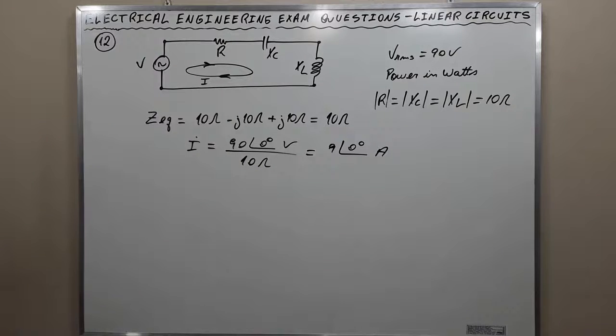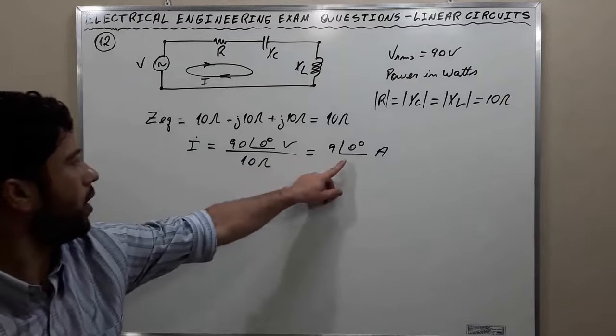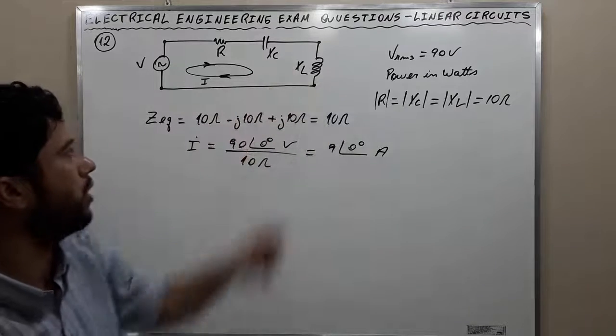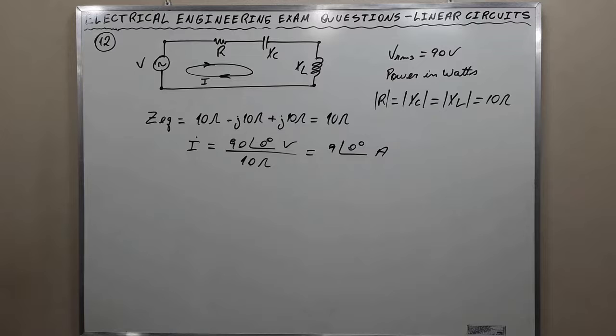Okay? With the current, we can calculate the magnitude of the power in watts. The power in watts is the real power. And we see that when there are only resistive elements, the reactances cancel each other out. We're going to see that the apparent power, the magnitude of the complex power, is equal to the real power.